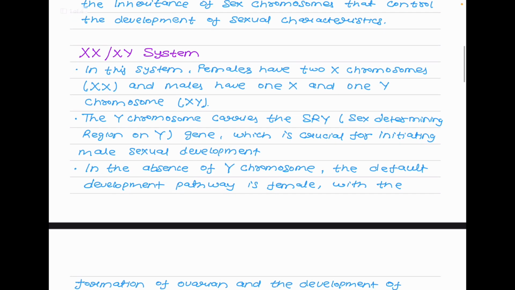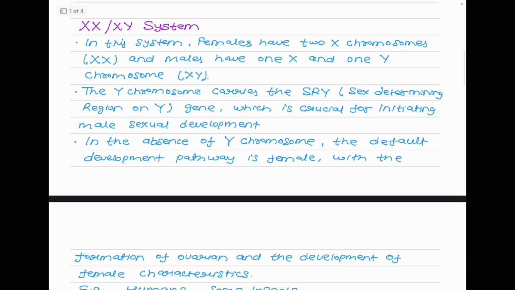In this system, females have two identical X chromosomes, that is XX, while males have one X and one Y chromosome, that is XY. This is called male heterogamety. Here, males produce two types of gametes, one with an X chromosome and one with the Y chromosome.